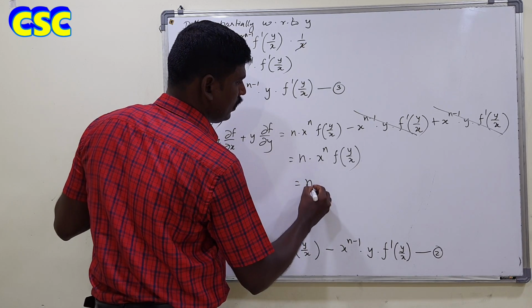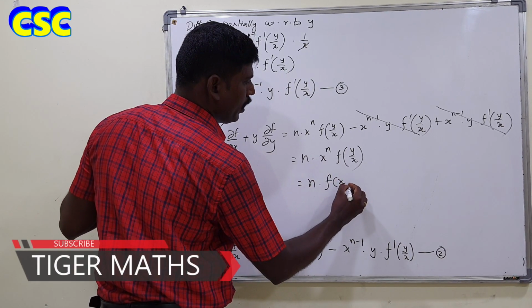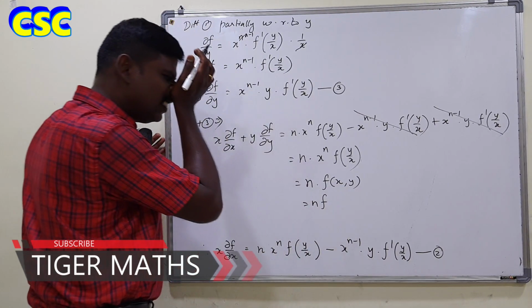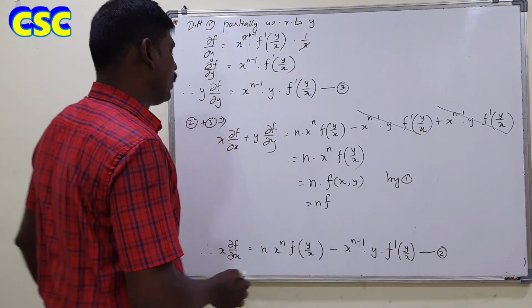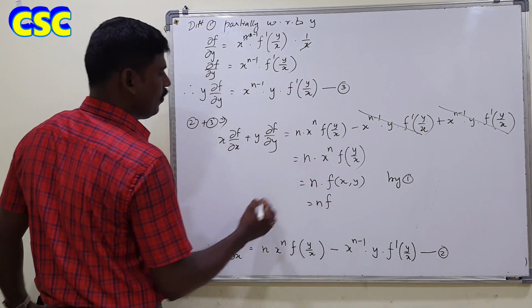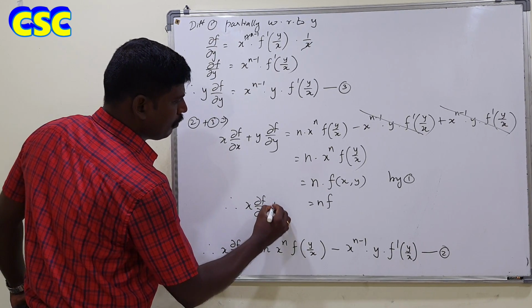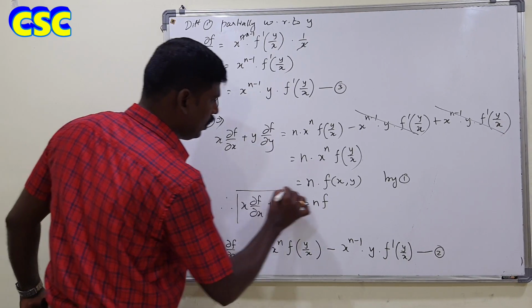What is this? n into, this is nothing but f of x comma y, isn't it? So that can be written as n into f. Simply we can write it as f. So therefore, x into dou f by dou x plus y into dou f by dou y equal to n into f.